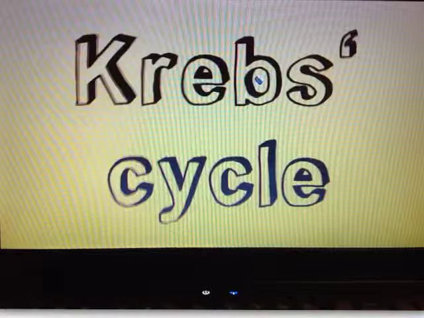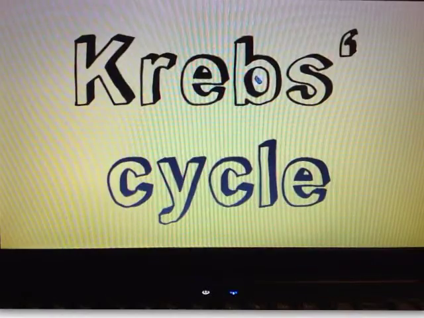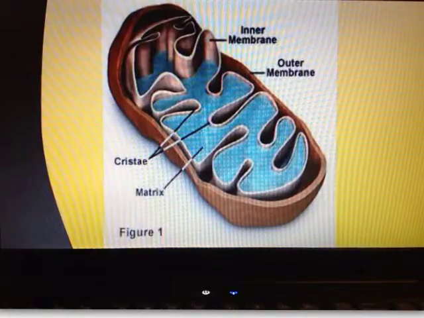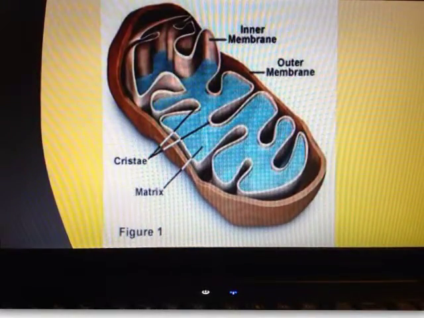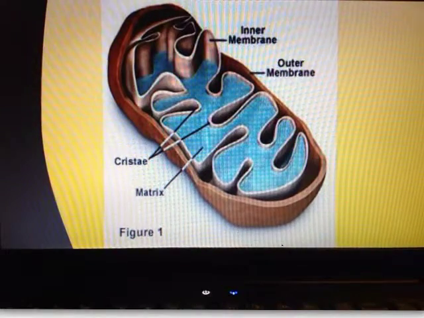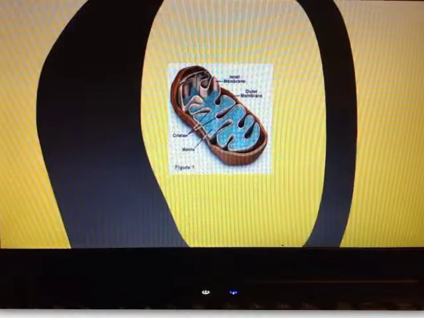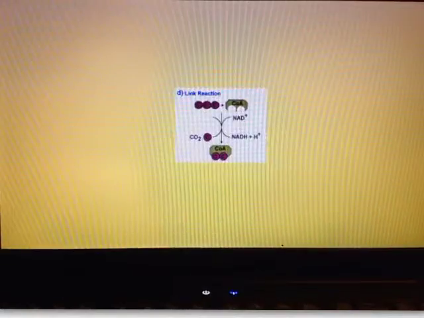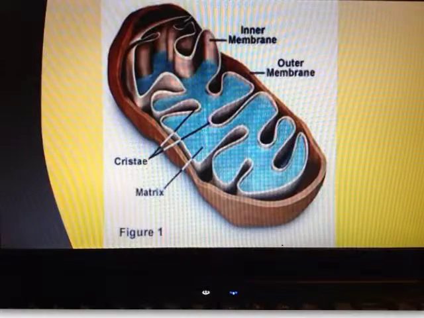Okay, so Krebs cycle. In order to understand how Krebs cycle works, we've got to look a little bit at the mitochondria. A quick look in here. If you remember, you've got the outer membrane, as you can see here, the inner membrane.